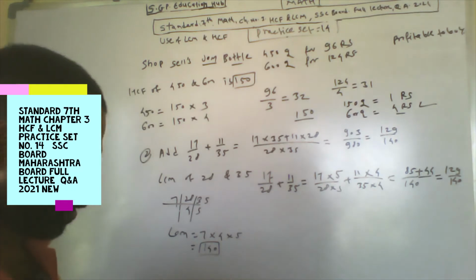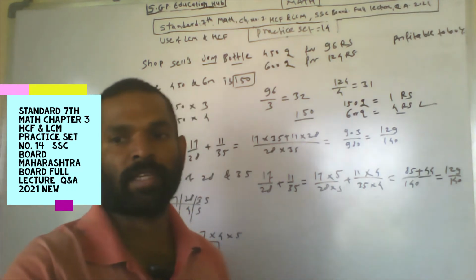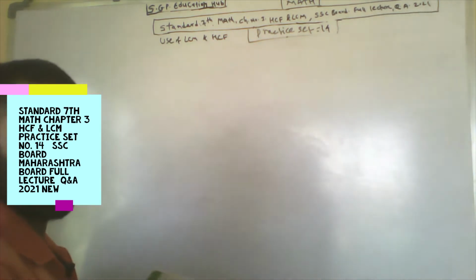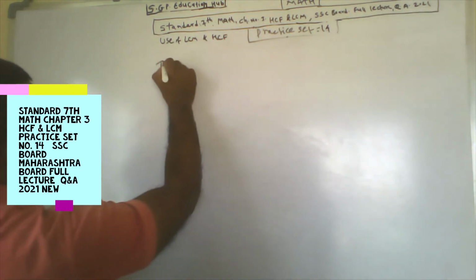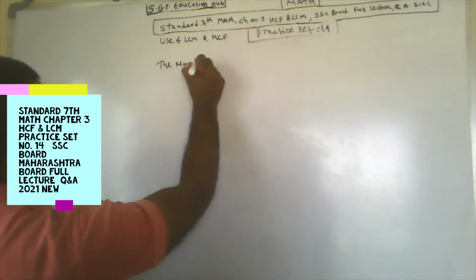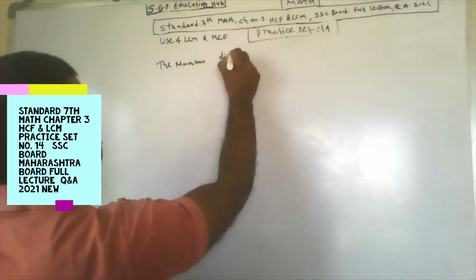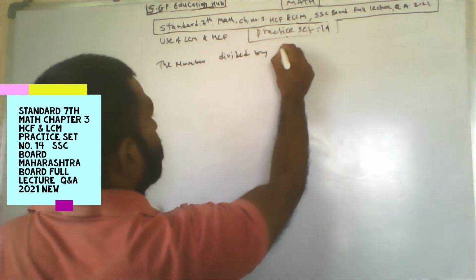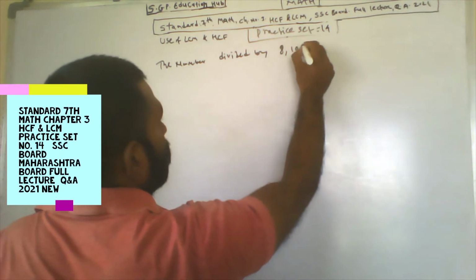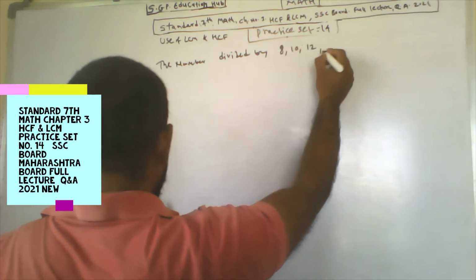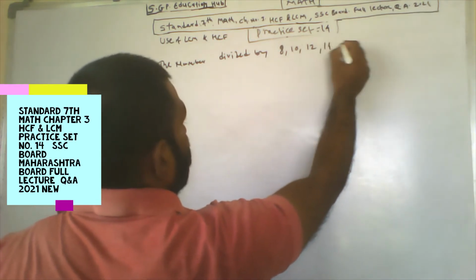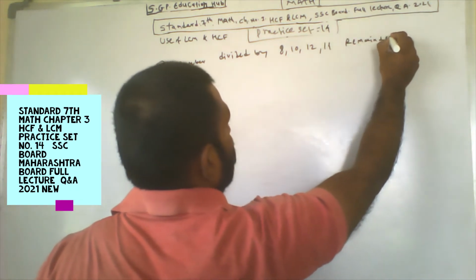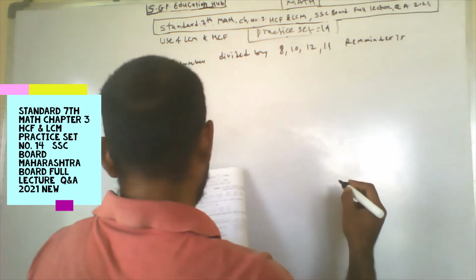Now we are going to solve the third example, a different type of example. There is a number, the number divided by 8, 10, 12 and 14 always leaves a remainder of 3.